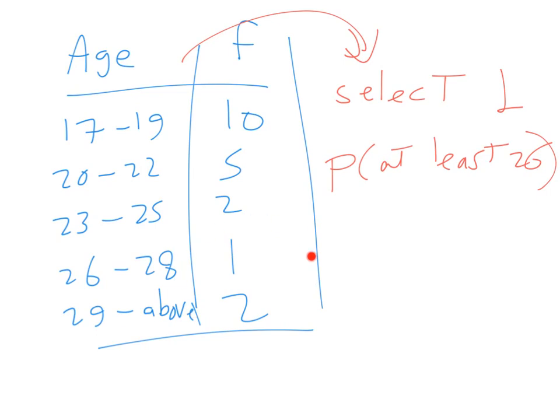It has 3 outcomes. So the answer will be 3 over the total, which is 20. That's very much similar to the sum of the two relative frequencies, if you can say. But the idea is the same. You have to count the number of outcomes in the event, which is at least 26, which is these two together, divided by the total number of outcomes, in this case the data size.